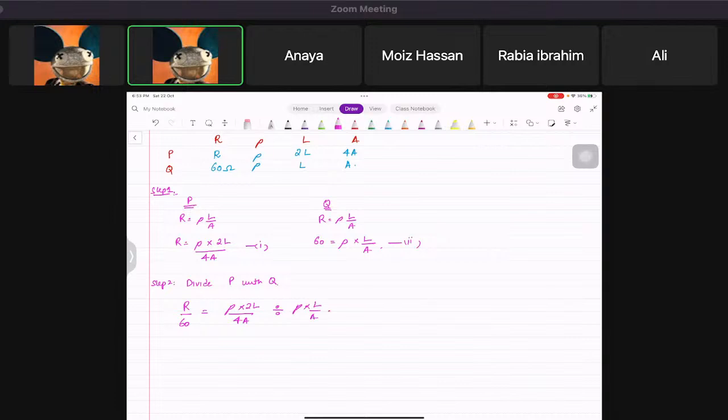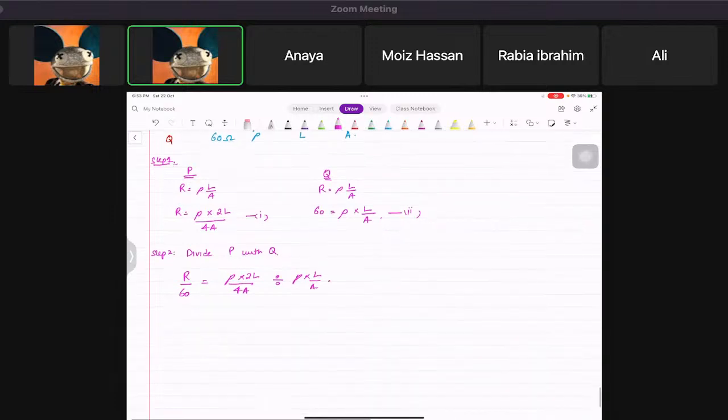When you remove this sign, you need to remember that you take a reciprocal.